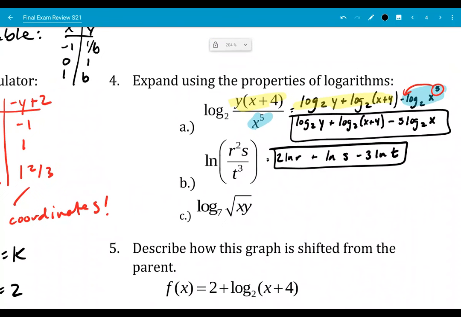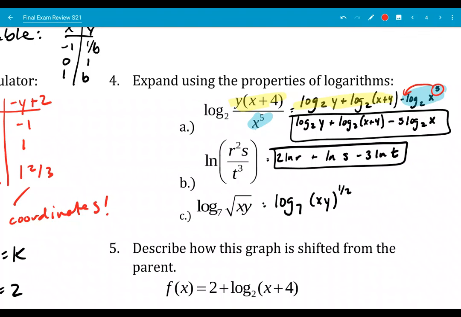So keep in mind, what we've talked about today is square roots. I can convert this first into log base 7 of x y to the power of a half, converting roots into fractional exponents.